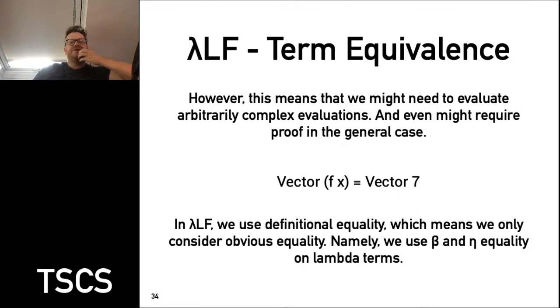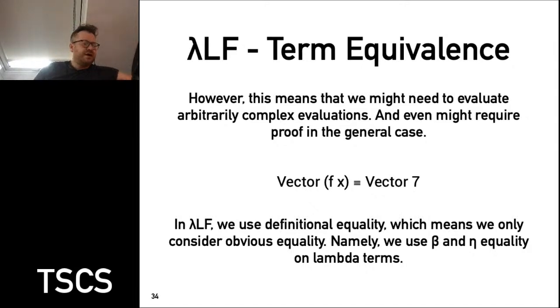That's typically not something that we want in type systems. So we reduce to definitional equality, which means we only consider obvious equality. So not any computations, but a subset. And namely, if you want to look that up, that's beta and eta equality in lambda terms.